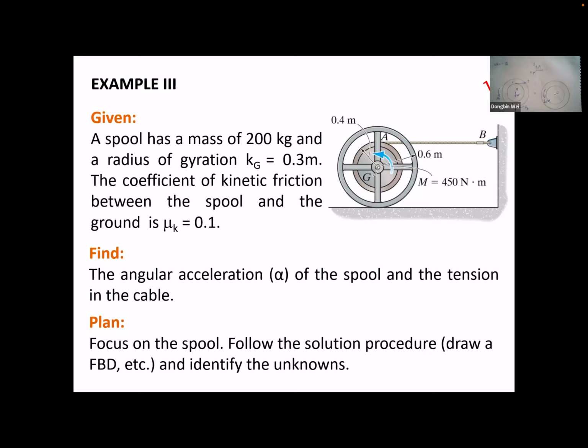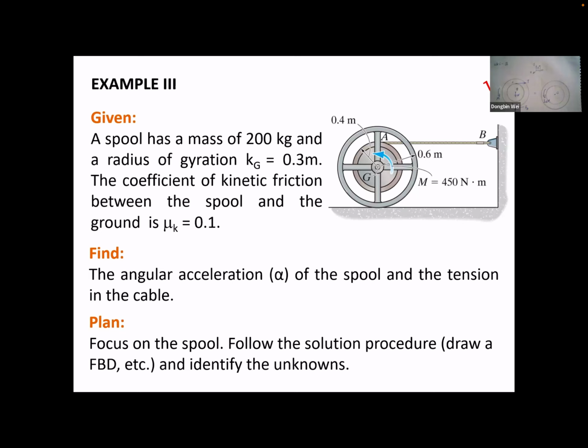No slipping at this point A. If no slipping at point A, then when this spool, including this inner hub, is undergoing general plane motion, undergoing rolling, this point A is actually an IC point. Because this cord AB is inextensible, at any instant point A must have zero velocity.